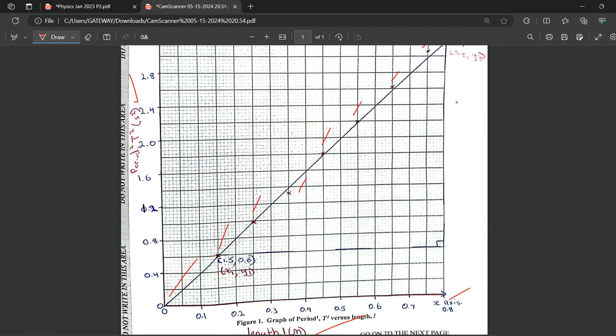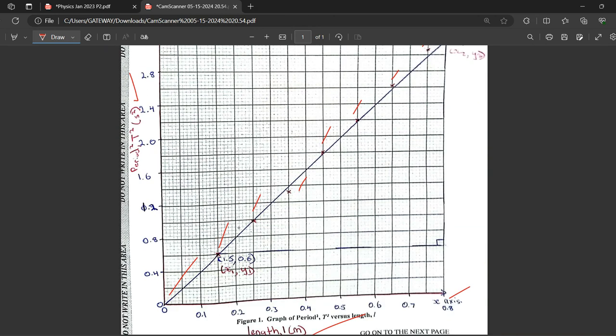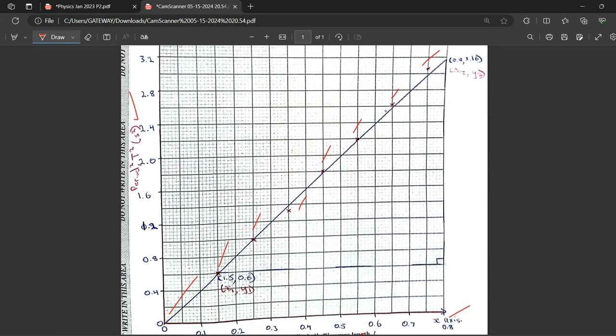You draw a best fit line. Notice the line is just passing through 1 or 2 points from my data, or just 1 point. Because this one is kind of off here, right? But it doesn't need to pass through all the data points, right? And the next mistake students make is they try to make the line fit through all their points, right?